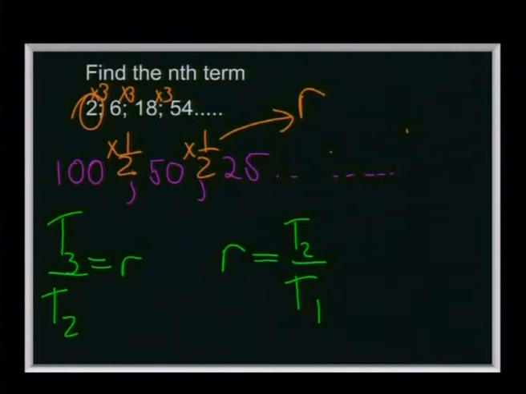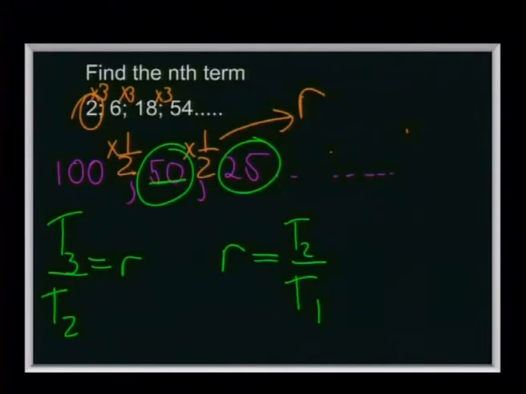So if I look at the third term over the second term, I get 25 over 50, which simplifies to a half. So the common ratio is a half, please guys, not 2. And also if you check the second term, 50, over the first term, 100, 50 over 100 also simplifies down to a half. Right, so that is our geometric number pattern.